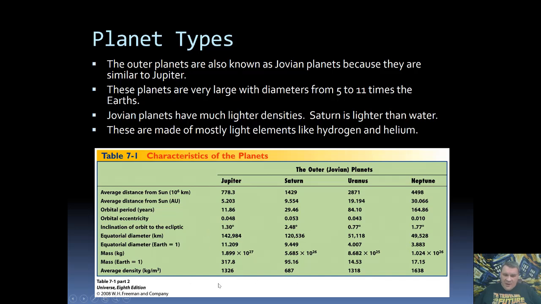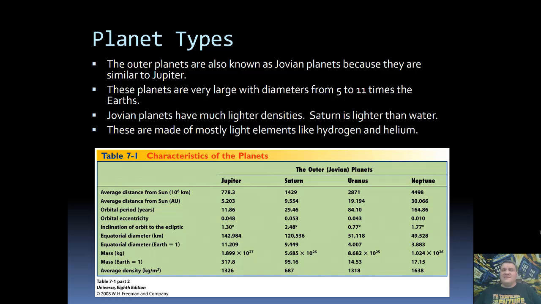So down here on the bottom of this chart, we actually have the densities of the planets. On this scale that we're using, water has a density of 1,000. So all of these have densities close to the density of water, with Saturn actually being the least dense. Saturn is actually less dense than water.